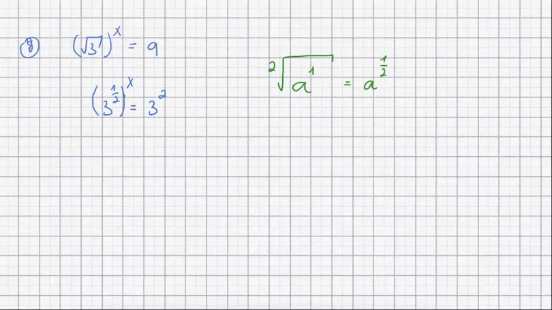What can we do? Times them. Yeah. So 3 to the power of 1 over 2x equals 3 to the power of 2, and then? So 1 over 2x equals 2. And then divide it.